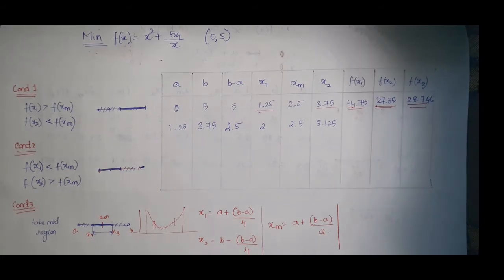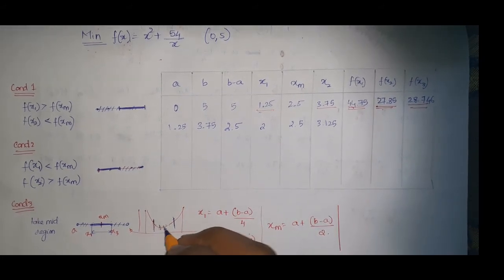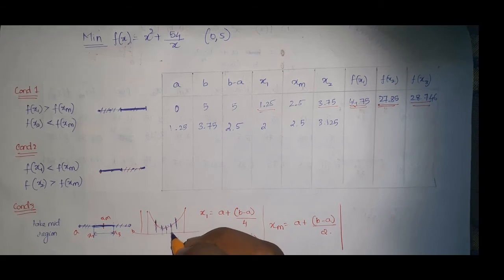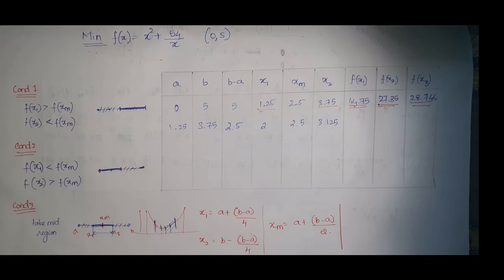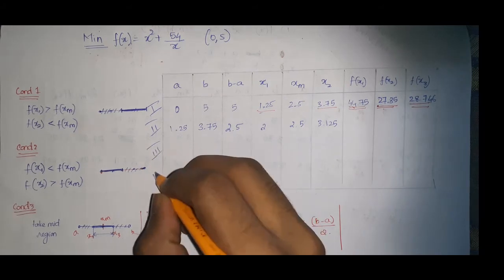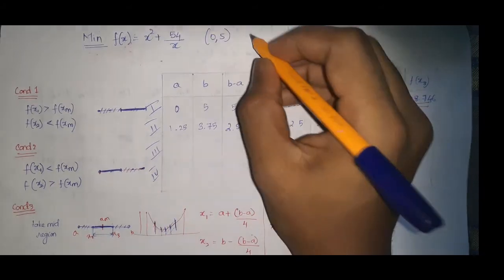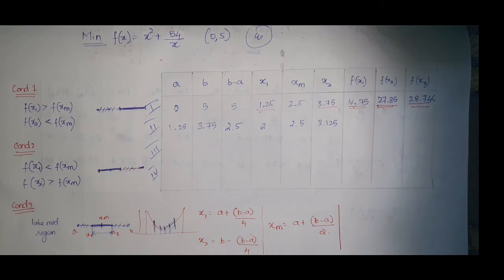These 3 points will divide the given region into 4 equal regions, and from that we'll eliminate exactly half of the region. Likewise, over and over, we do the iteration 1, 2, 3, 4 and go on till we reach an epsilon value that we have to set for the given problem. Recall that we explained how to set the epsilon value in the concept video, refer to that.